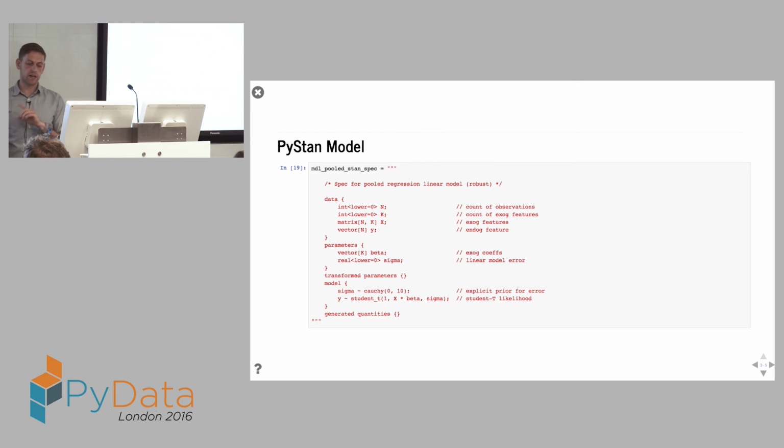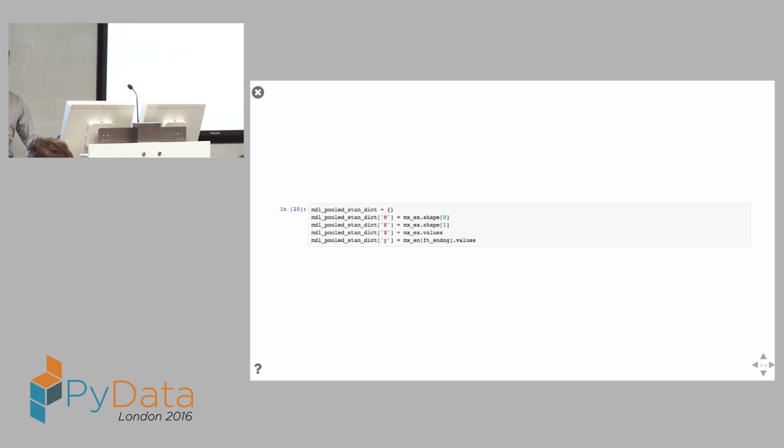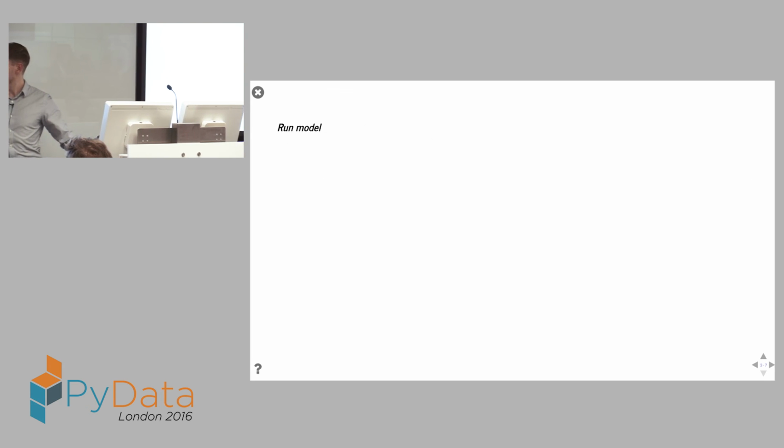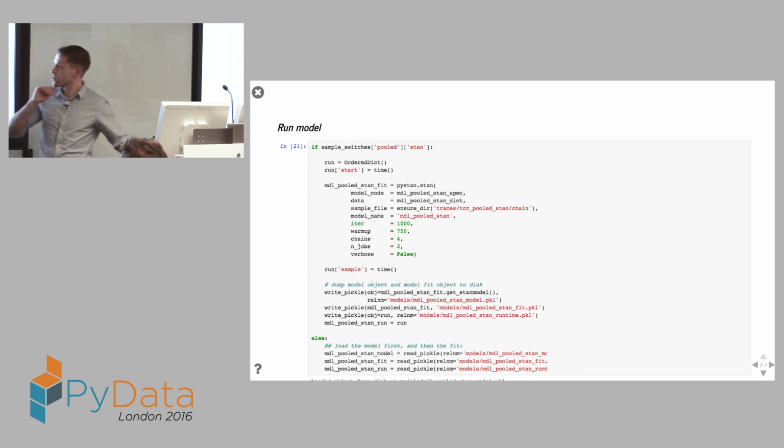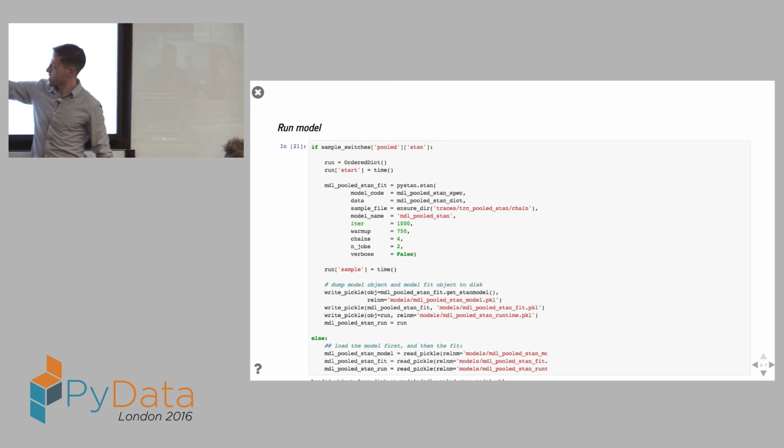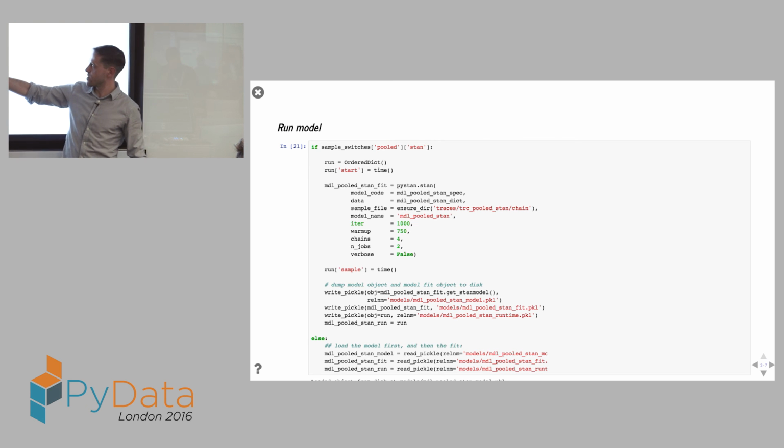And that goes back to something I mentioned before, which is that it's possible to do PPC using PyMC3 post-modeling, but with STAN it seems that you have to do it during the modeling. So we feed it a dictionary of some of the values, run it using something that looks a bit like this. It looks reasonably similar.